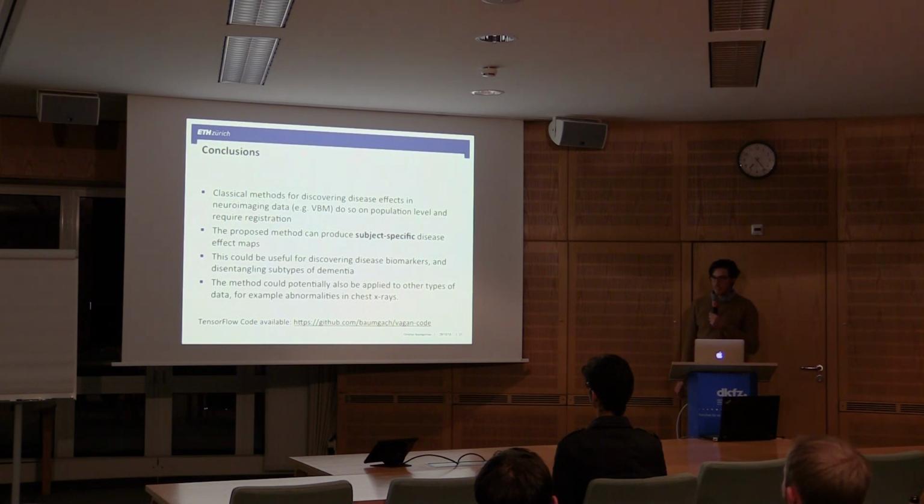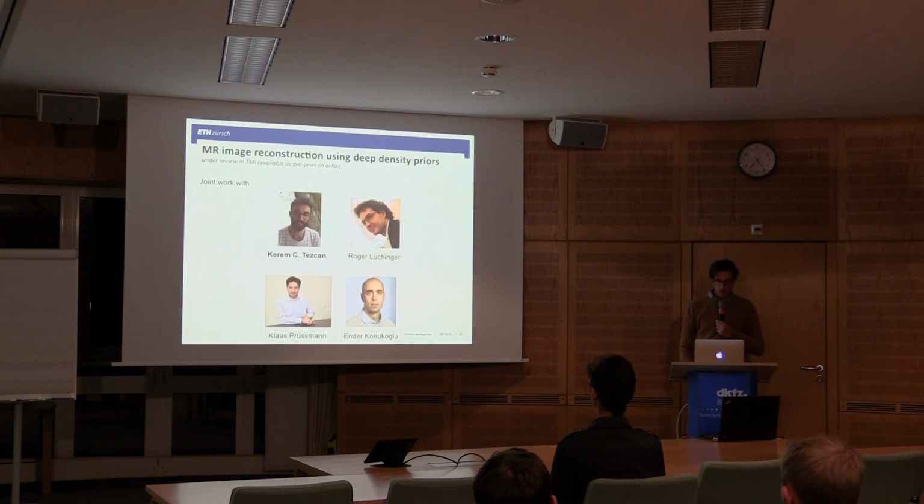We also had some preliminary results where we applied it to other data, for example, chest X-ray data, where it can also be interpreted as a sort of weakly supervised localization method, where you can find masses and things like this in chest X-ray images. And if you are interested, the code for this work is available on GitHub.